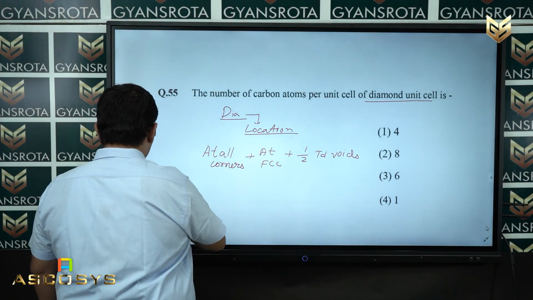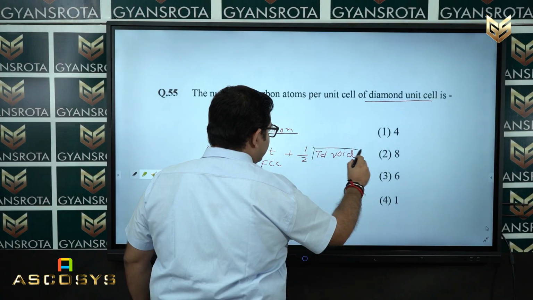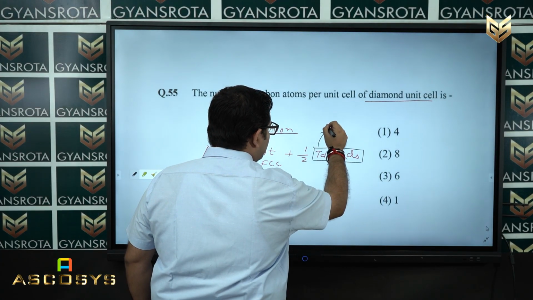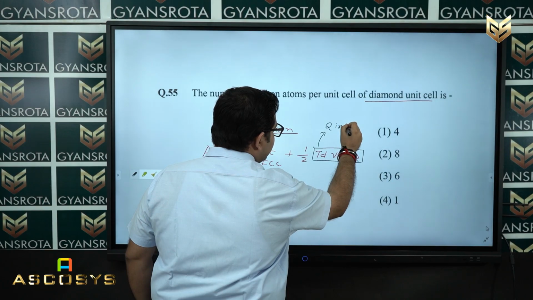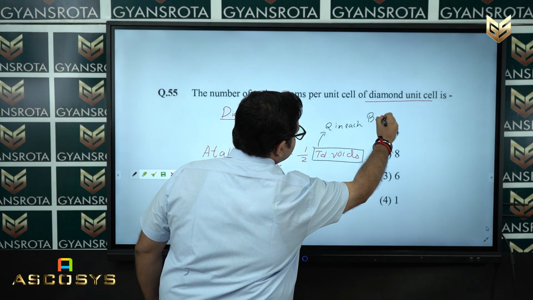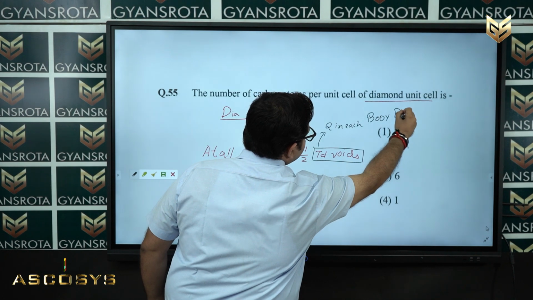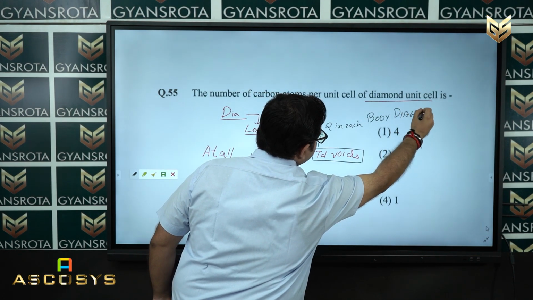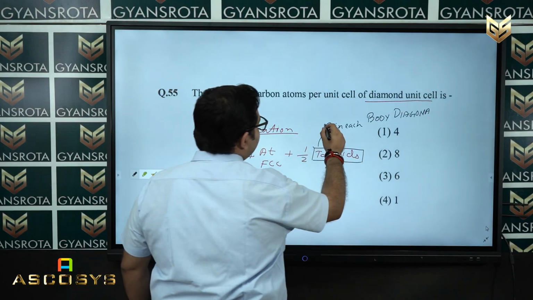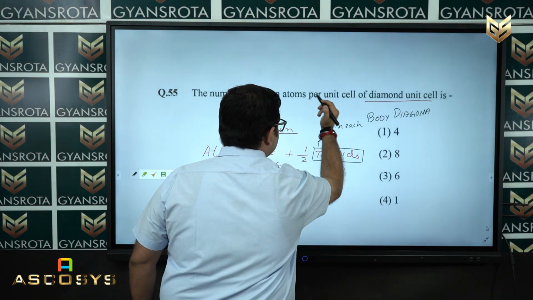Now the location of the tetrahedral voids is important. Okay. So they will be present, 2 in each body diagonal. That means in one body diagonal there are 2 tetrahedral voids present.